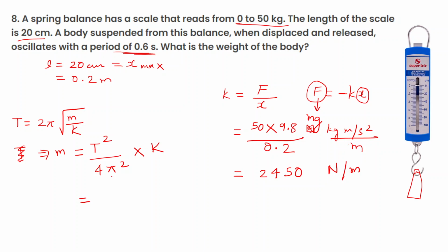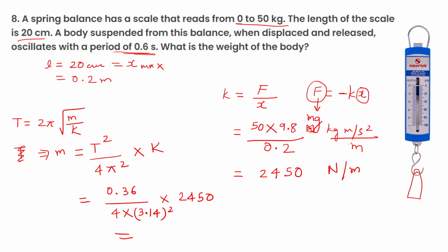So time period is 0.6 second, means 0.36 seconds square, 4, and this pi square we can take 3.14 square, multiplied with this spring constant that we have calculated, which is 2450 Newton per meter.